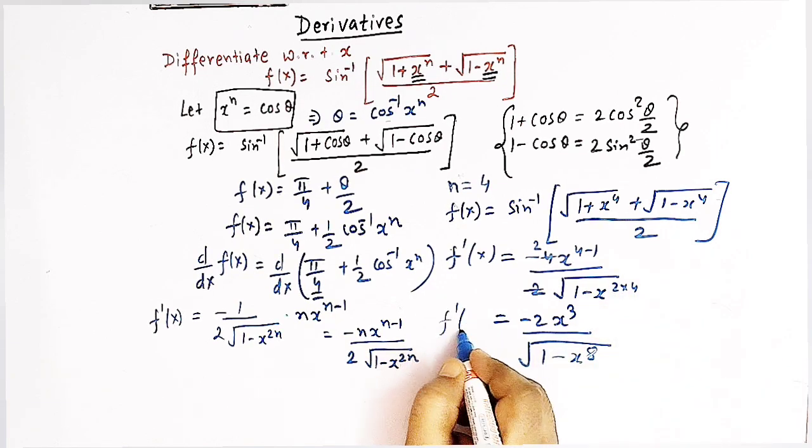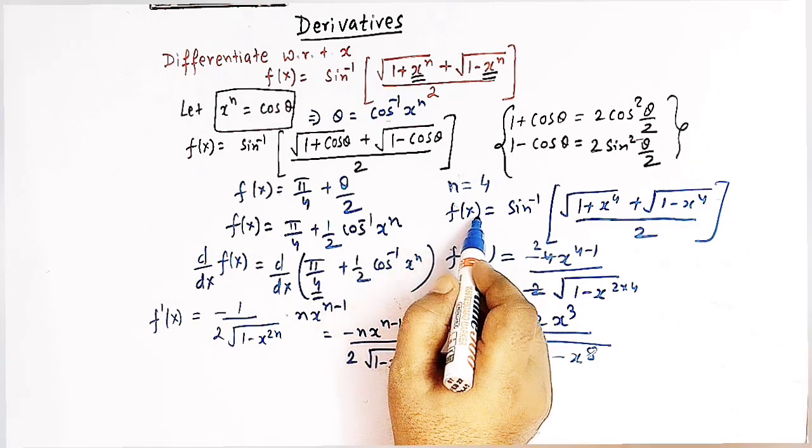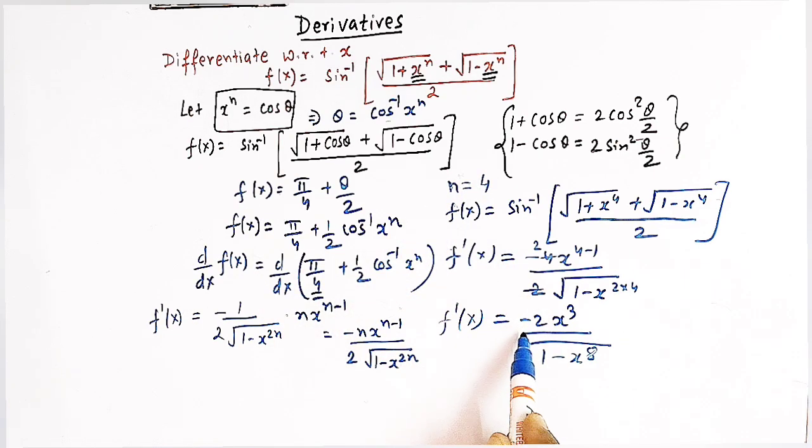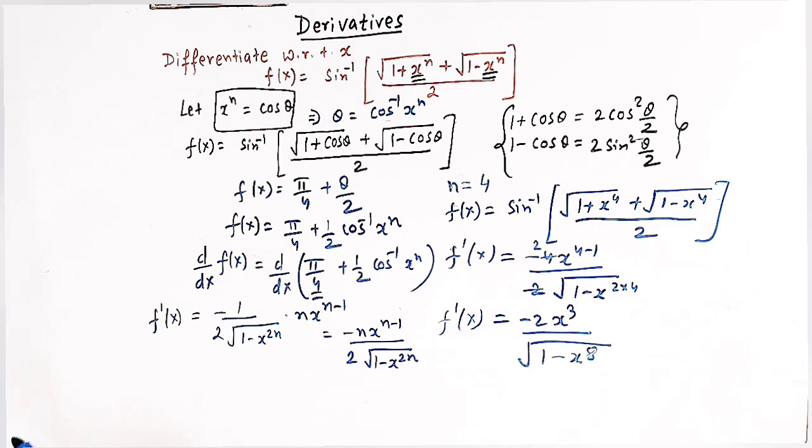So the derivative of this function f of x when n is equal to 4 is minus 2x cube divided by square root of 1 minus x raised to 8. Similarly, we can discuss other cases also.